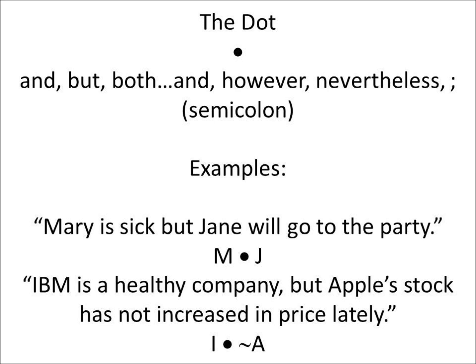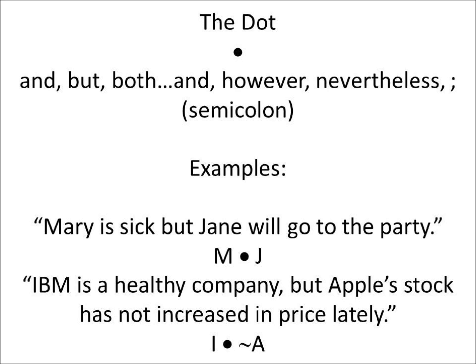There should be a comma after Mary is sick. This would be symbolized M dot J. M for Mary is sick, J for Jane will go to the party, and the dot in between to symbolize the and. You never have a dot with a letter by itself. It's always combining at least 2 units. So if you had dot before M and nothing else, that would be what we call something that's not a formula, right? And while M dot J is something we sometimes call a well-formed formula or WFF.